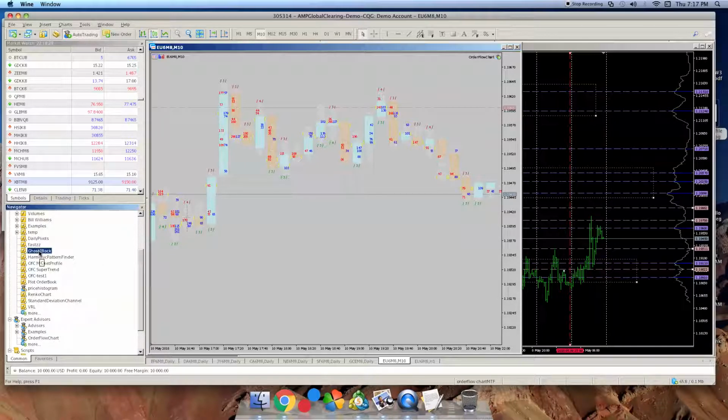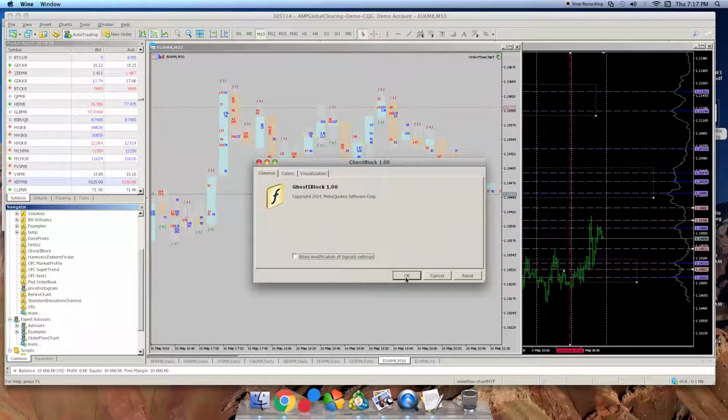It will be released very soon for all subscribers. I'm developing this ghost institutional block indicator, which will display for you those potential areas where the resistance or support generated by the cluster of buyers or sellers are located.